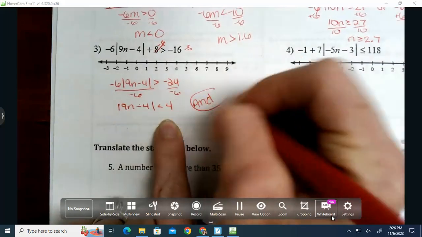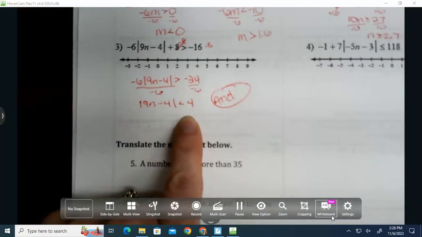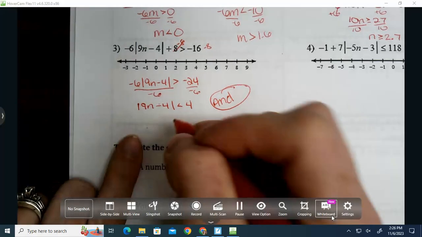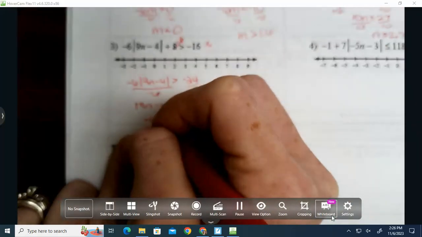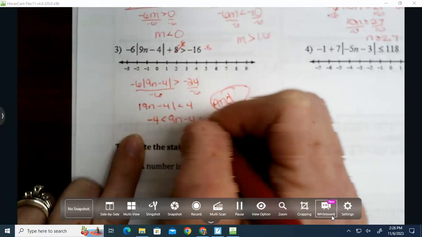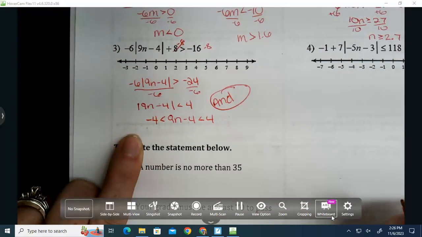When we solve an and, we know it's just going to be one big piece. It's going to be in between two values. So we say negative 4 is less than 9n minus 4 is less than 4. Then what?